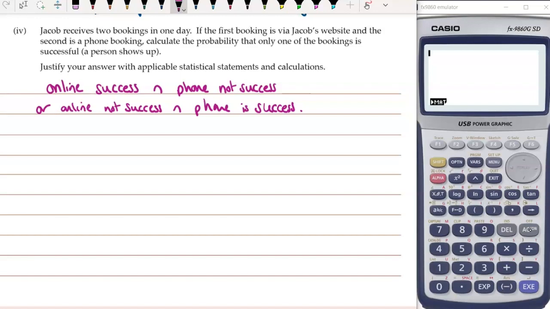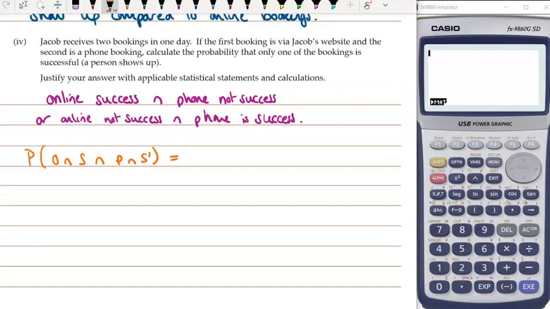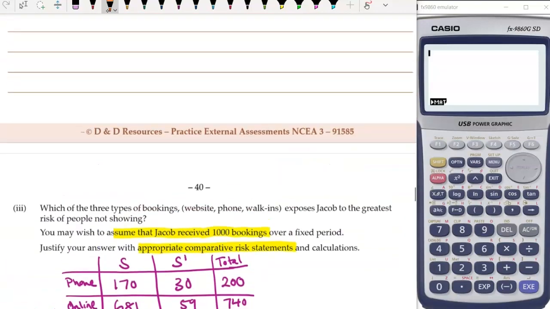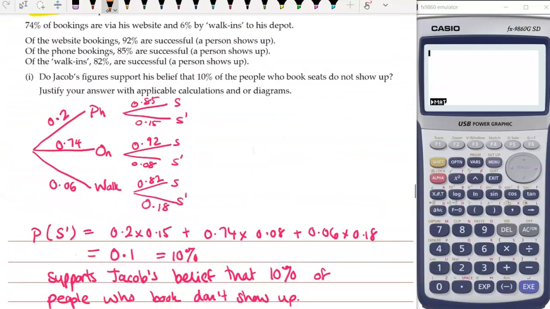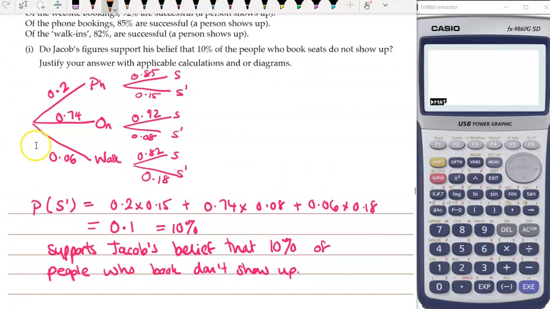Okay, so now let's work those things out. So we want the probability of online and success and phone and not success. Okay, so online and successful. Let's go back up here. Where did we have that tree diagram?